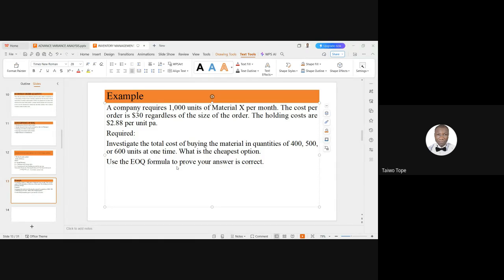If we are to purchase 400 units, what will be the total cost? If we are to order 500 units, what will be the total cost? If we order 600 units, what will it cost?